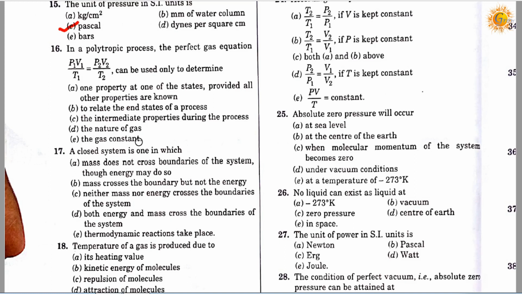So the correct answer is A. P1V1/T1 = P2V2/T2 is used for one property at one of the states provided all other properties are known.